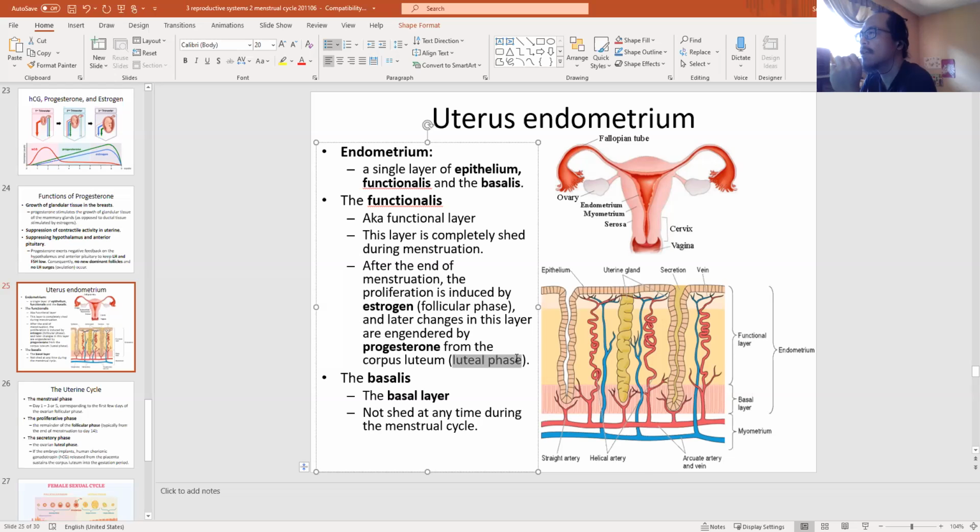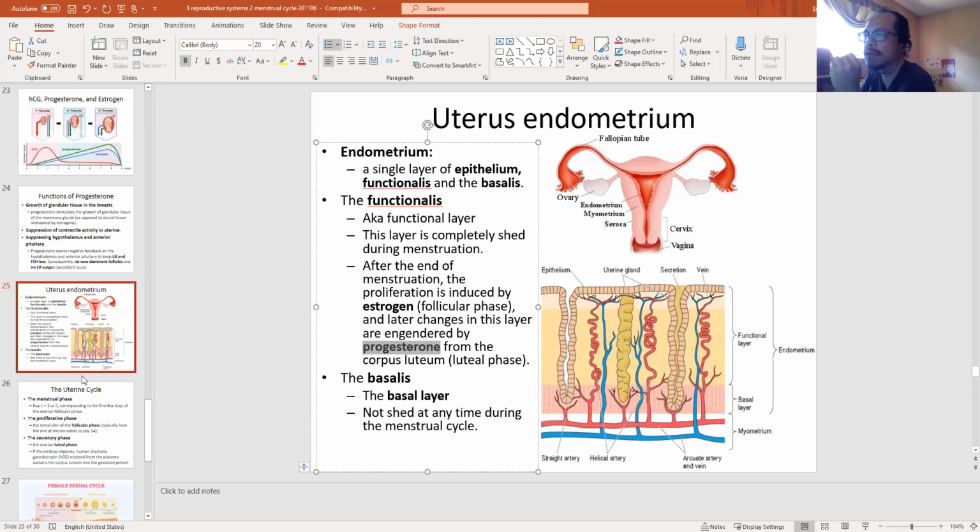During the luteal phase, after the ovulation, the corpus luteum takes the place to secrete the progesterone, which will continually support the proliferation, turn this proliferation into secretion, and support the thickness and viability of this layer.